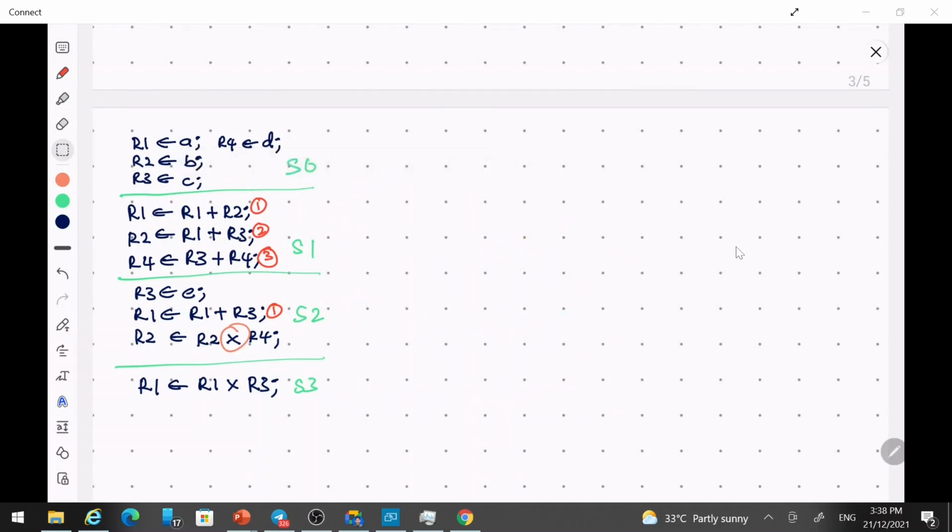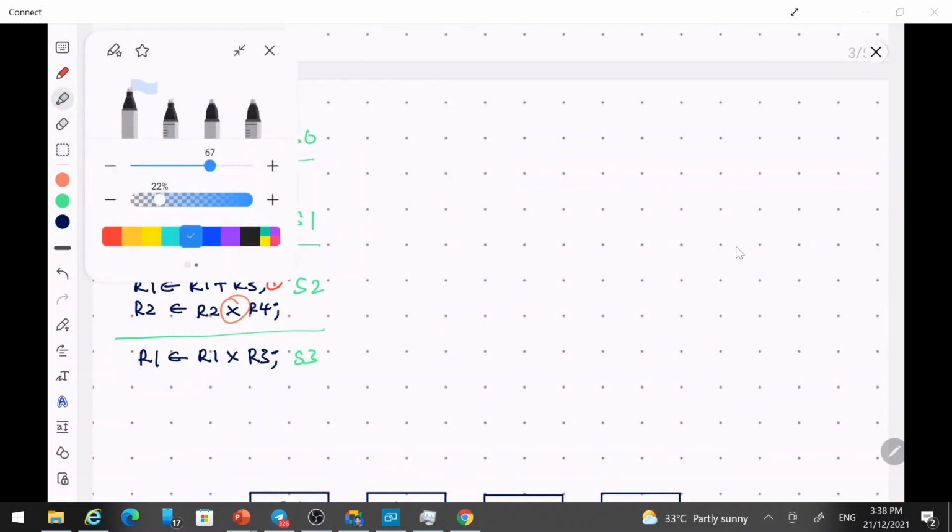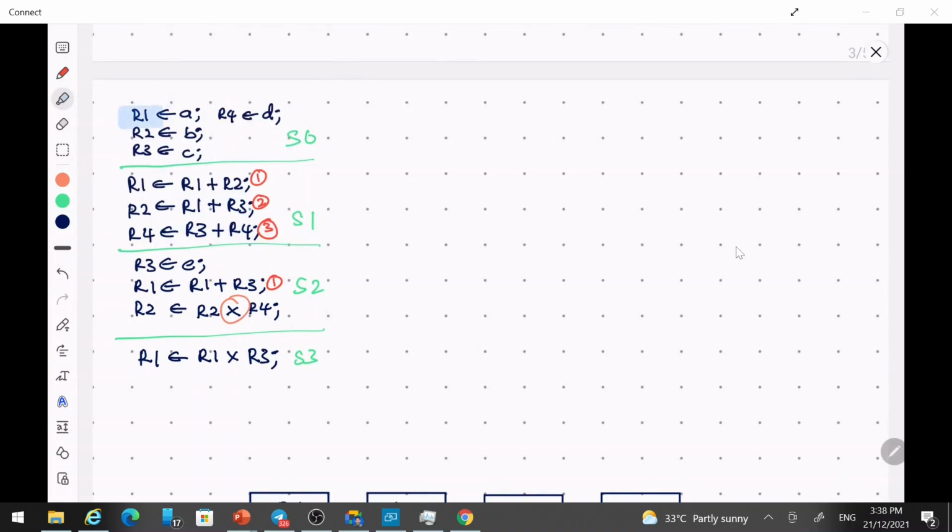So look at the RTL code. First, look at R1. The inputs to R1: we have A, the input. Also we have one from adder number 1, and again from adder number 1.